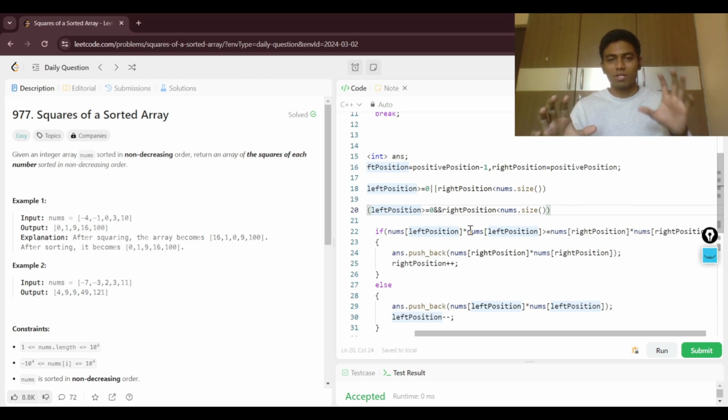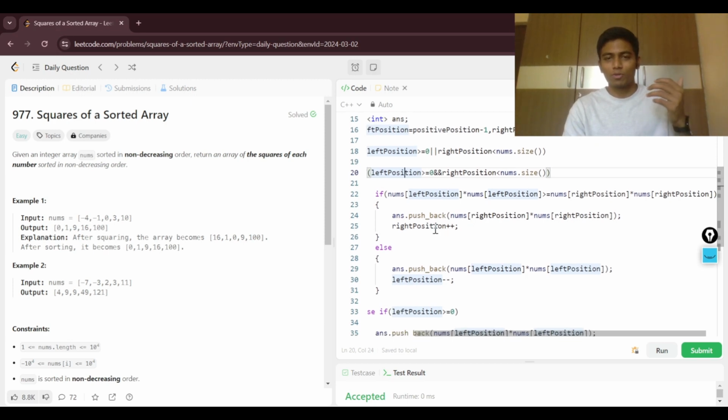If the left square is greater, we store the left position's square, otherwise, if the right square is greater, we store the right position's square.